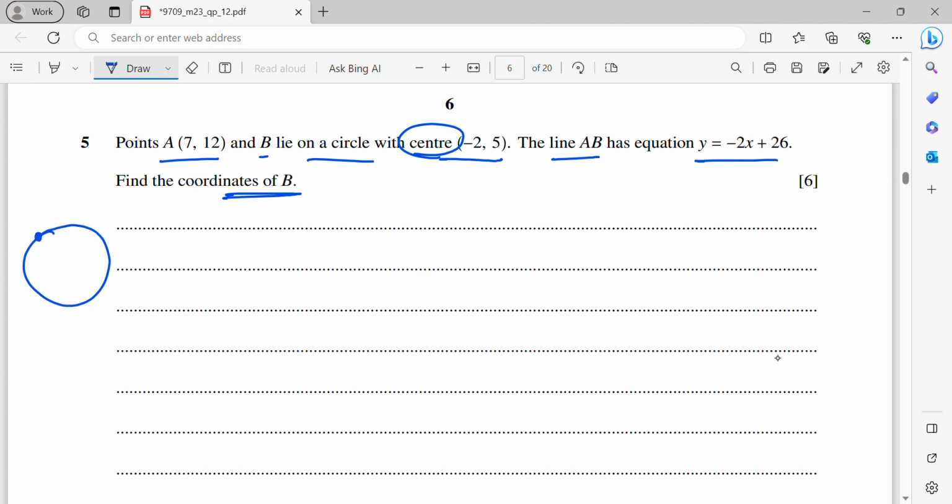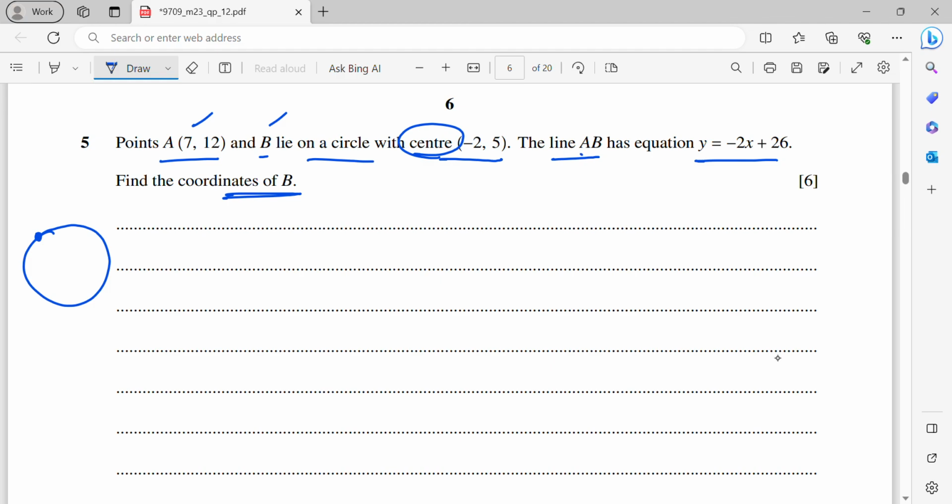Let's say this is the A, 7, 12, and then this is the B. My labeling is wrong because my A is 7, 12 and B is unknown.